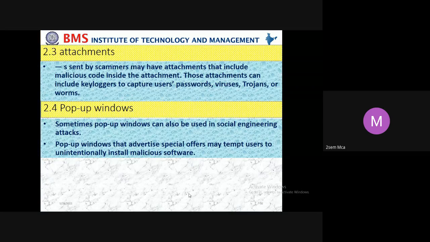So through that they are accessing your system. Pop-up windows can also be used in a social engineering attack. They advertise special offers and may attempt to make users unintentionally install malicious software. These are the classifications of social engineering attacks.